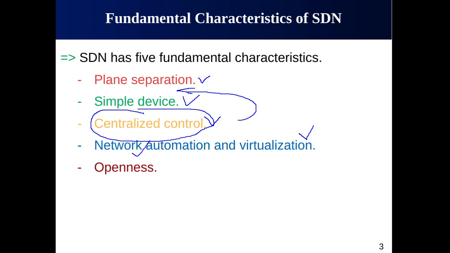And you know the northbound and the southbound interfaces are often used to distinguish whether the interface is to the application or to the devices. An example of a southbound API is the OpenFlow interface that the controller uses to program the network devices.